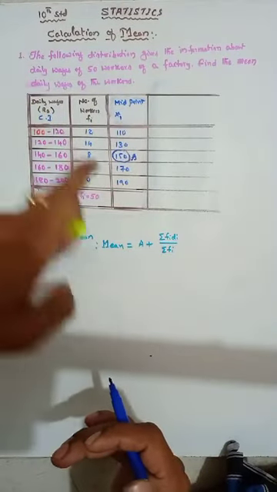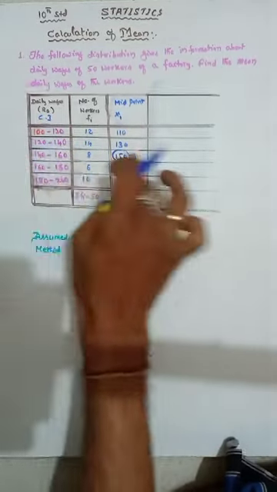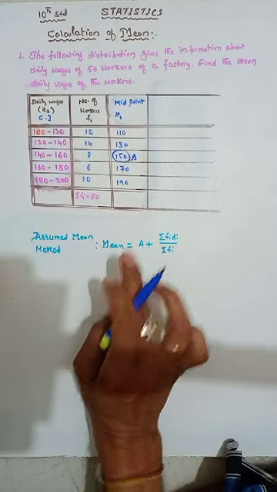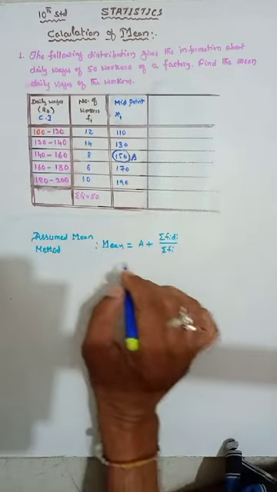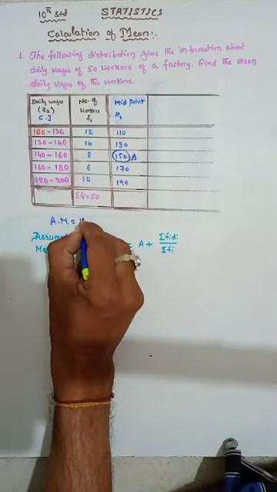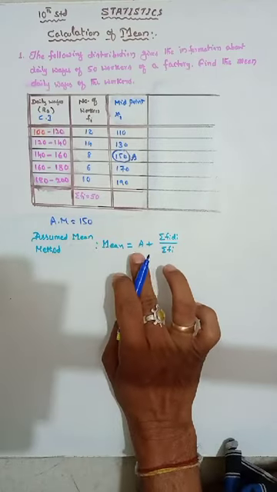Therefore we go for the midpoint of this middle interval of the distribution, which is taken as the assumed mean, 150. Let me assume the mean as 150.